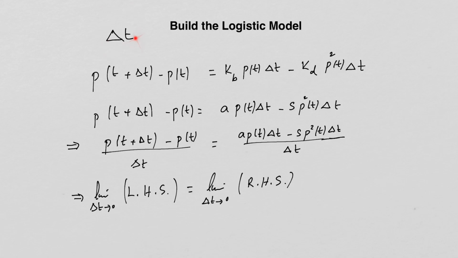And that change has to be the growth rate times the population over that period of time, and we're going to take away the death rate times the population, which in our case is P squared, over that period of time. So that should make sense to you.